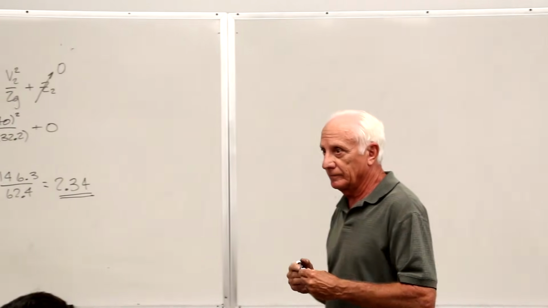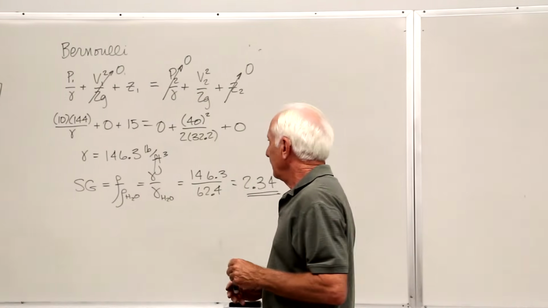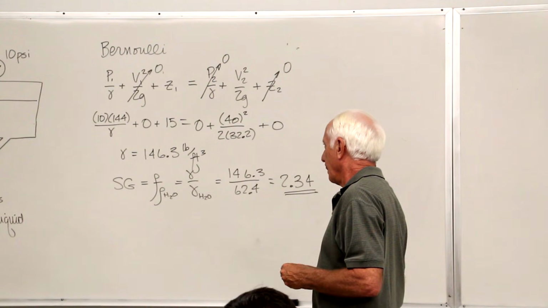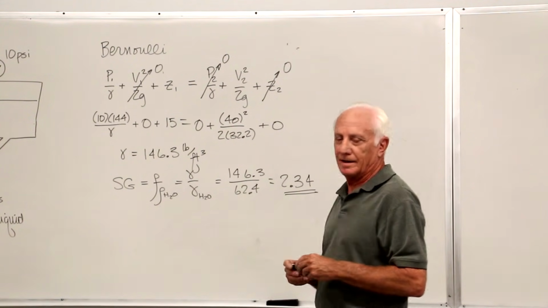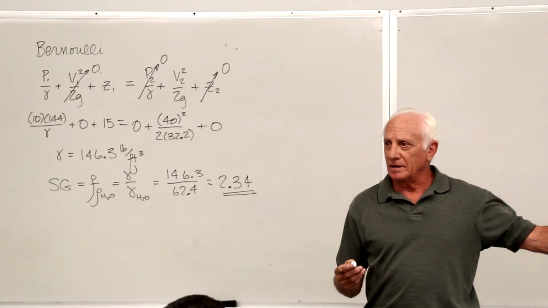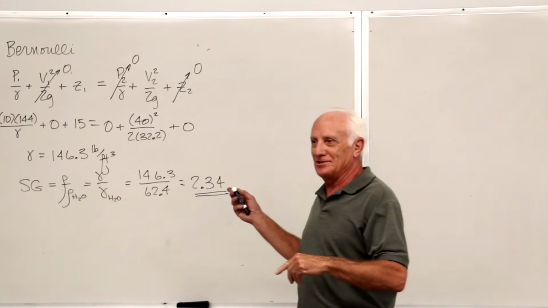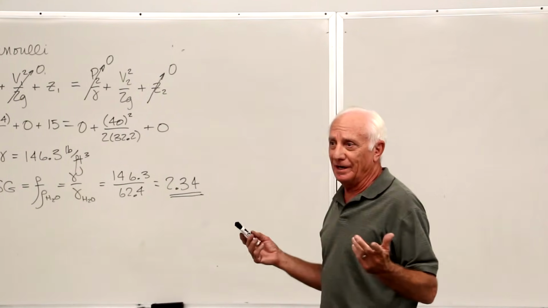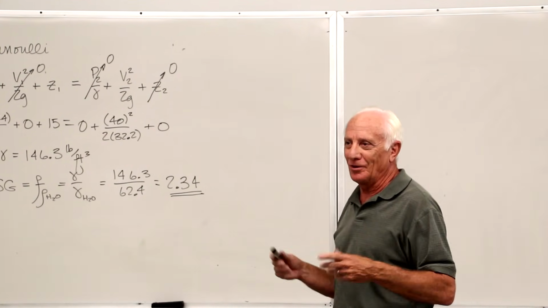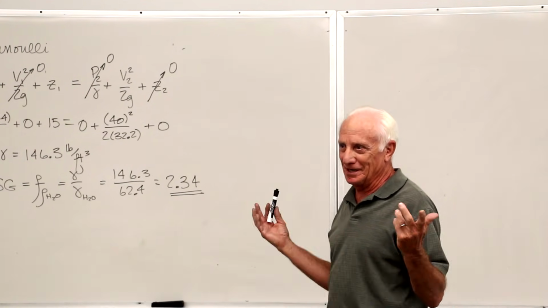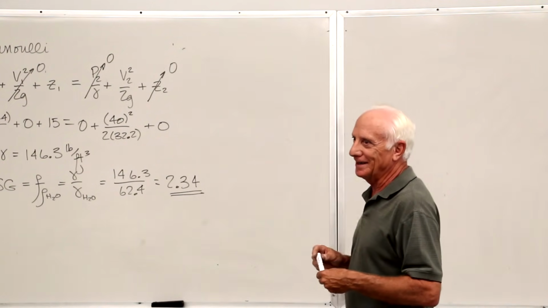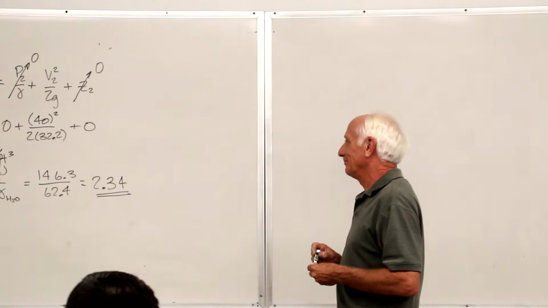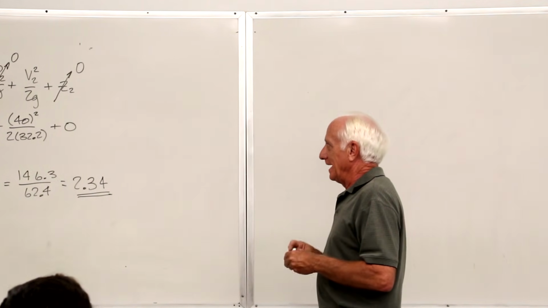Once you know the specific gravity, you can usually determine the fluid from the table. You can go either inside the front cover or back in the tables and look for SG and see what the fluid is. Oils are like 0.8, mercury's 13.6, water's 1, and then in between, a ton of different fluids. But yeah, you can do a search.